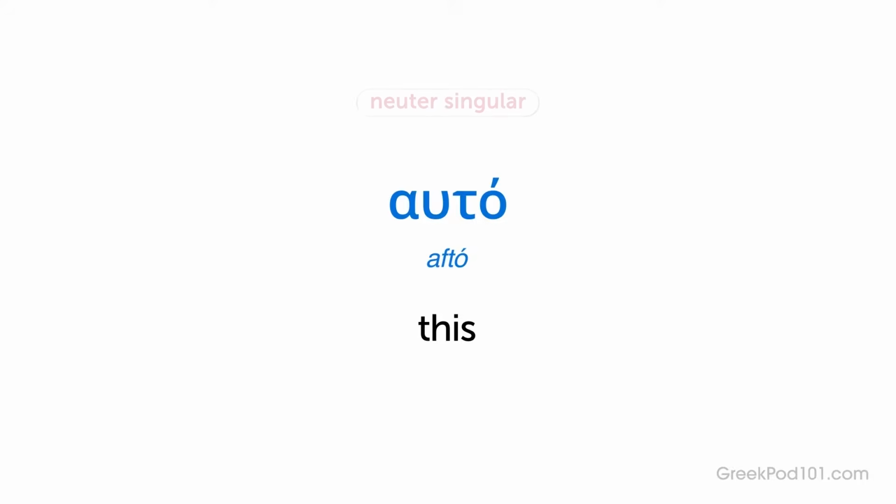Αυτό is the neuter singular form of the word for this. If you don't know the name of an item and consequently its gender, you can use Αυτό. It refers to something which is near the speaker. Ben uses it because he's pointing at something which is near to him.